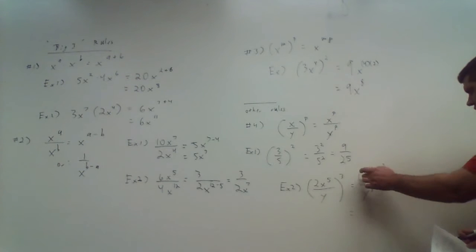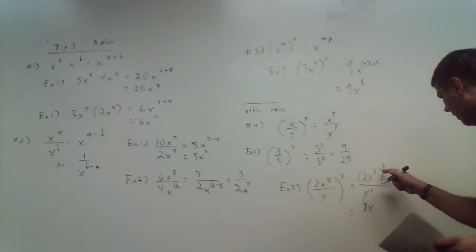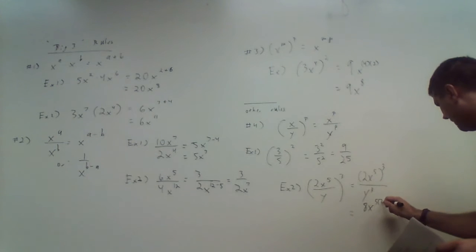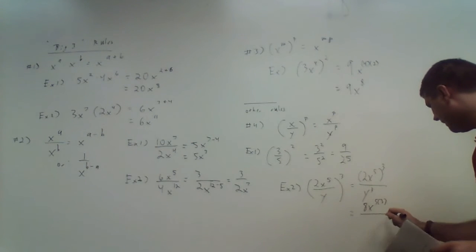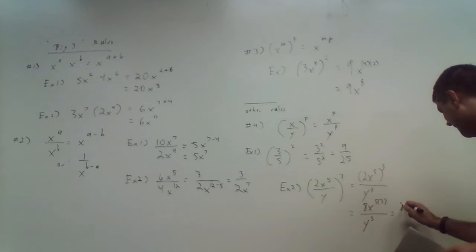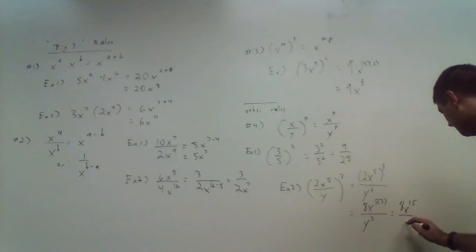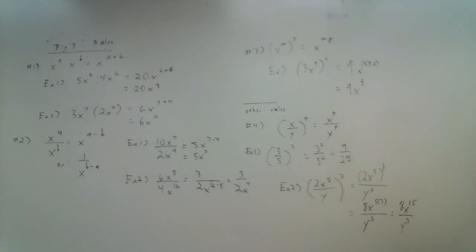Well, 2 cubed is 8, and then you're going to be multiplying these exponents, 5 times 3, and then down here you're going to have y cubed, which leaves me 8x to the 15th over y cubed. All right?